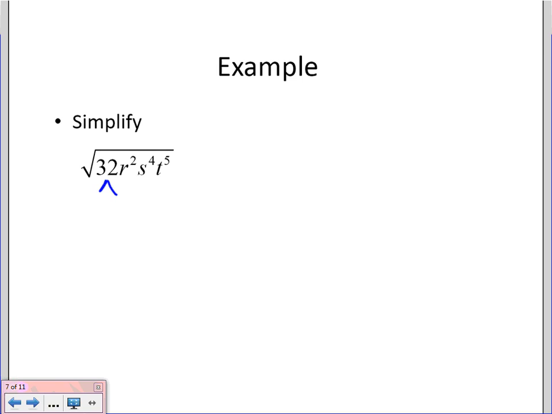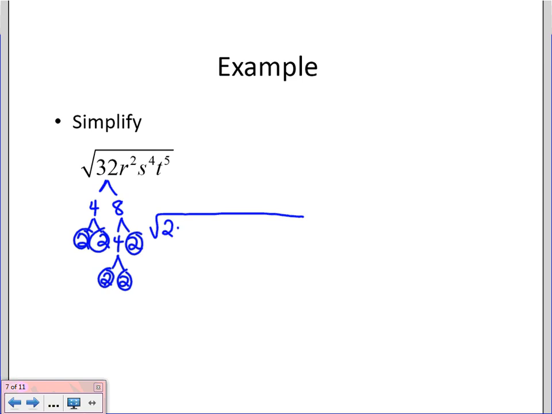So 32, we've got 4 and 8. And then that's 2 times 2. 4 times 2. 2 times 2. And we list under the radical sign. So this is 1, 2, 3, 4, 5 2's.